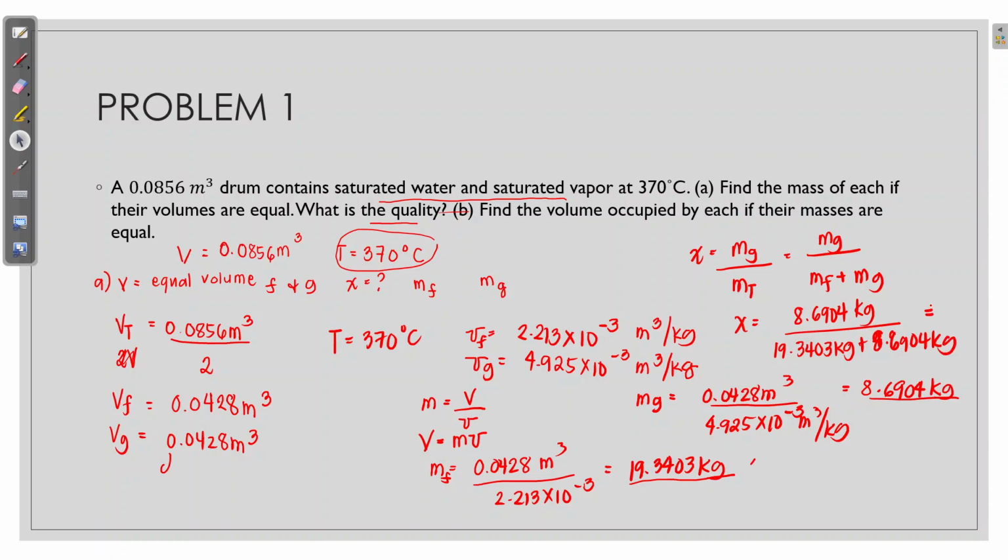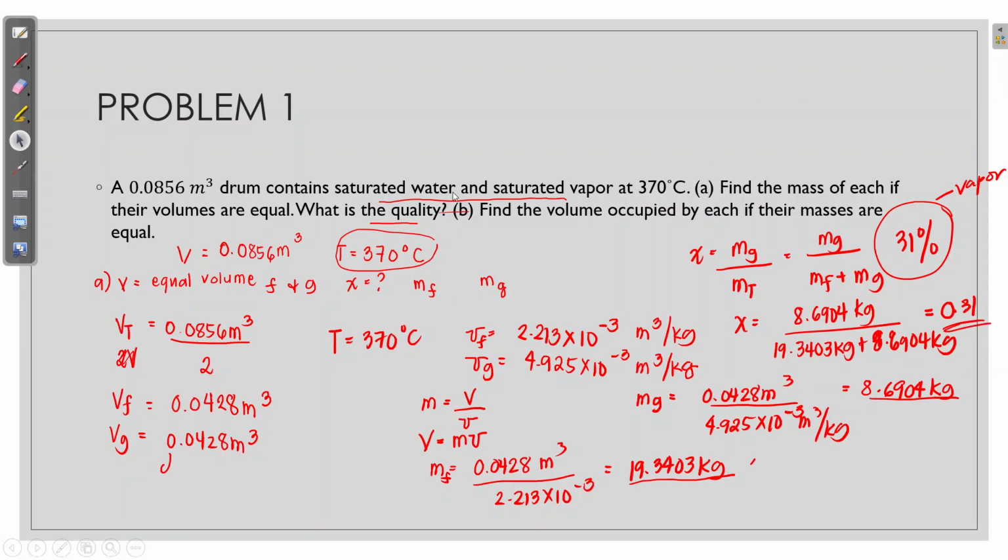So ang x natin ay 0.31. Okay, 0.31 ang x natin or 31% ng steam ay gas or vapor, or 0.31 na quality.